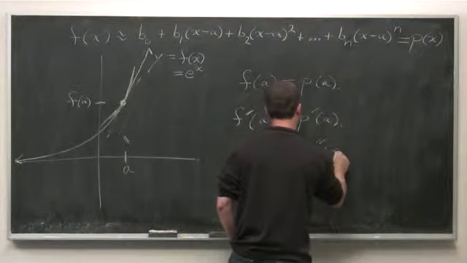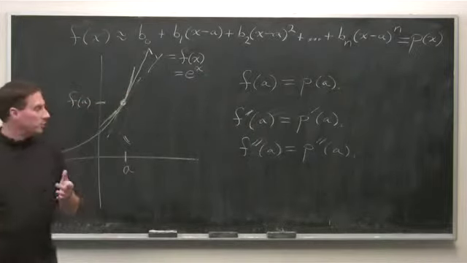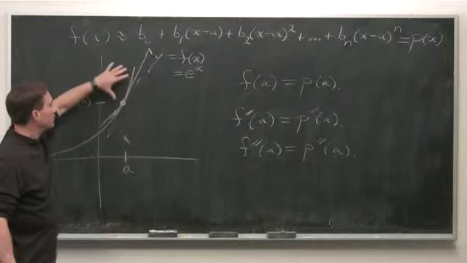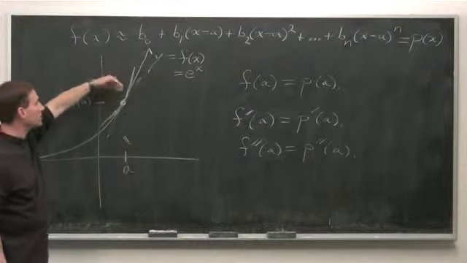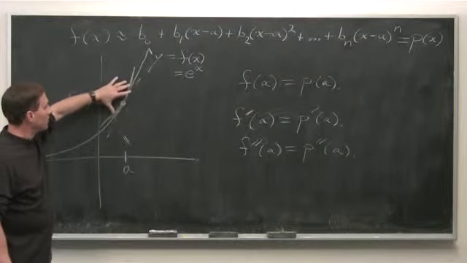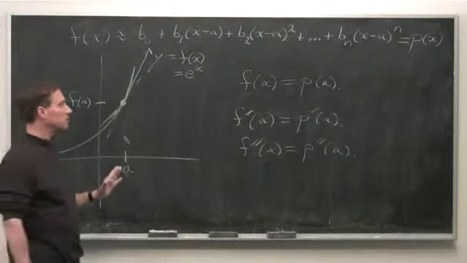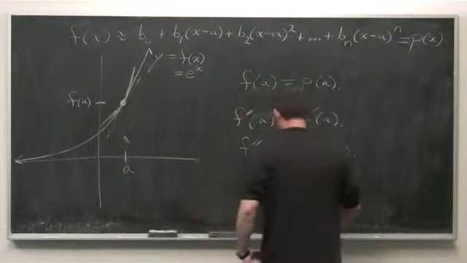Maybe not every place else, but we have this feeling that if we force the derivatives to be equal at a, then the graph of p of x looks very much like the graph of y equals f of x near this point. And so even for x near a, but not exactly equal to a, we would expect the values of f to be close. You can probably guess what we're going to do.